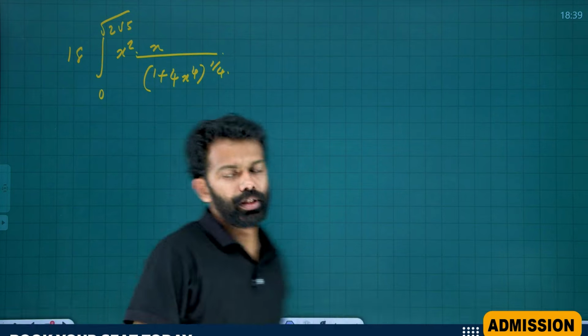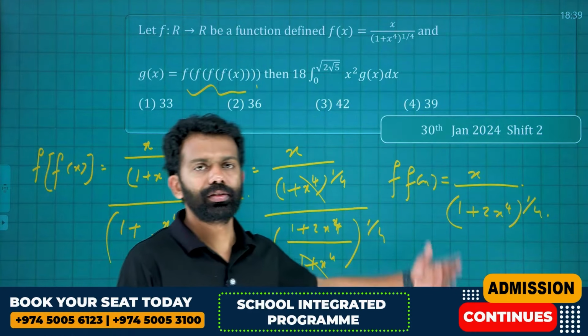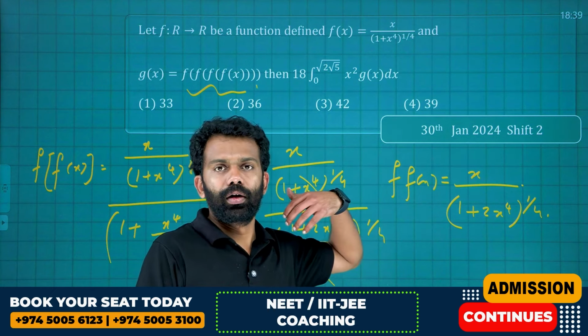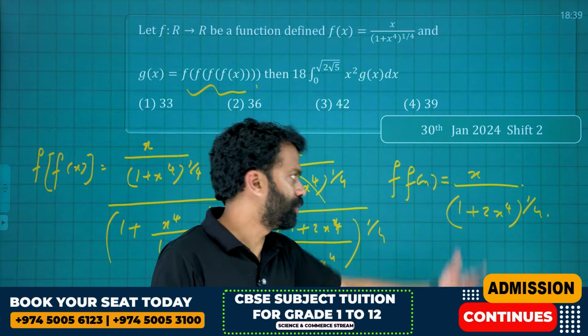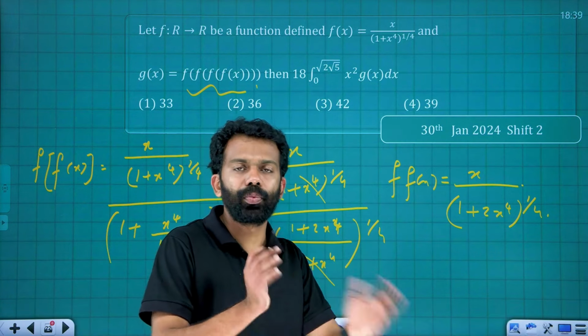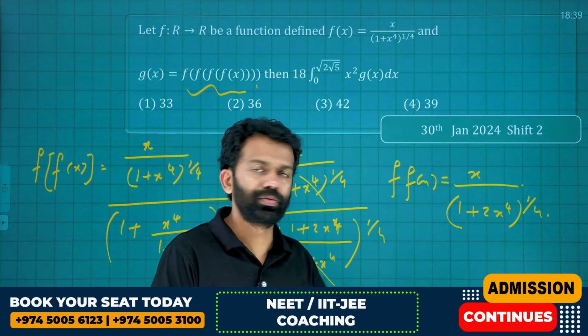Okay. See, in some cases, if you are unsure of the pattern, just go for one more composition here. You can use f of x also here to get a proper idea about the composition of this one, the final product of this one.